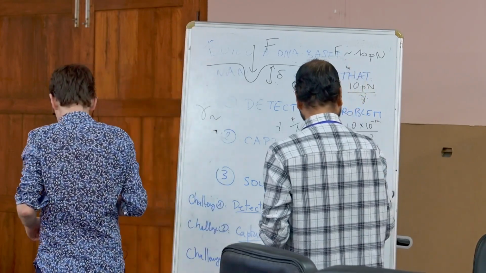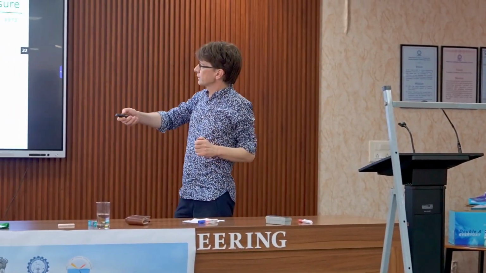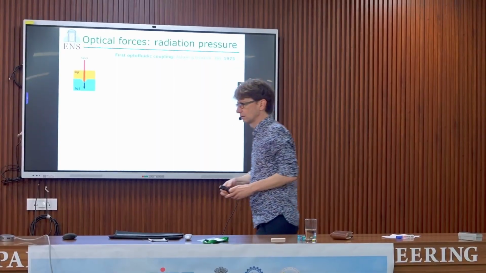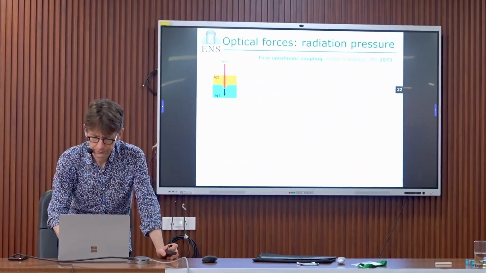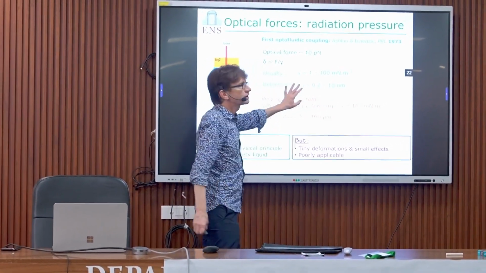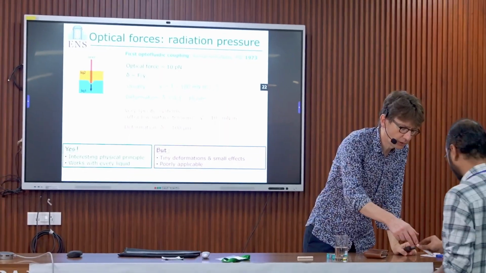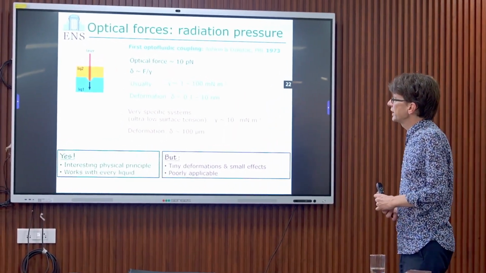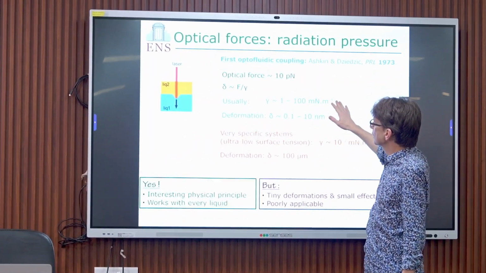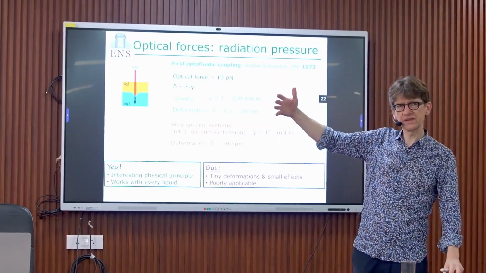So it's quite small. You see, if you just make a very simple scale estimation with a typical surface tension, a very large one like water, 70, water is a very cohesive liquid, so it has high surface tension.